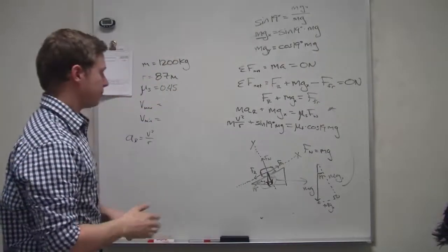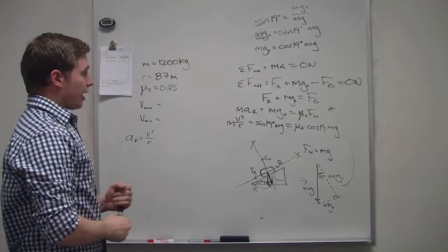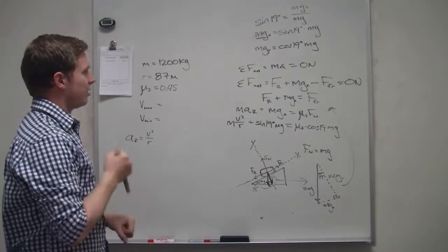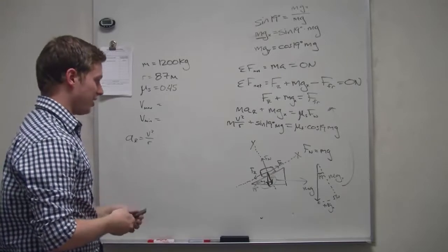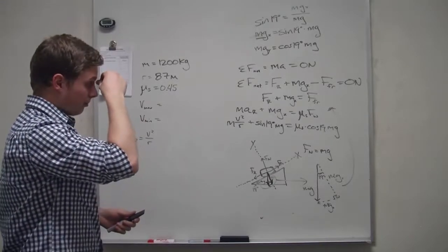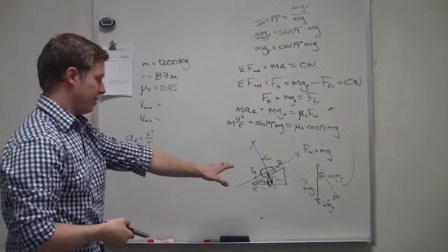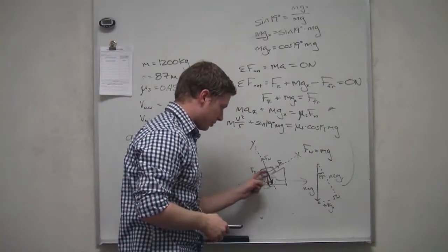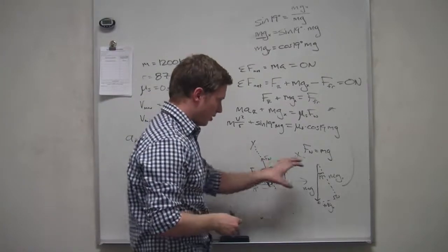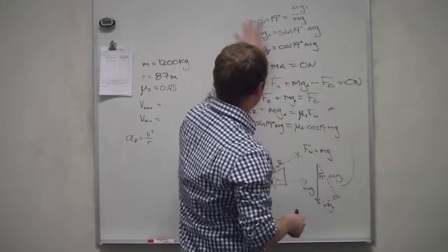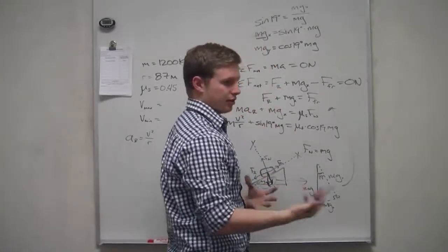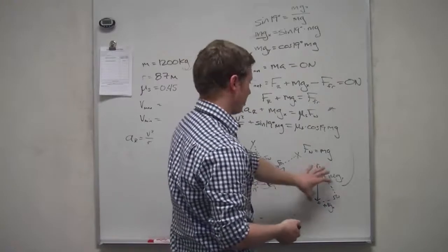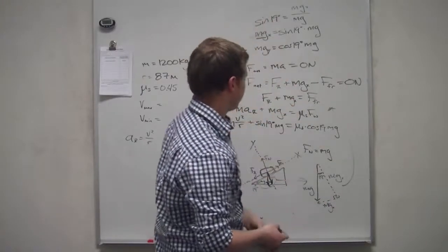It gets a little messier when you start using angles. But if you just draw a free body diagram and break it down into x and y components and solve for it there, then when it comes to this, you just plug it in. You don't have to worry about whether it's cosine or sine, because you already found it.